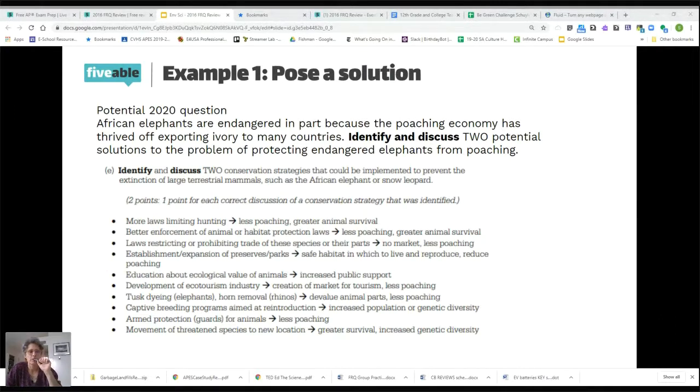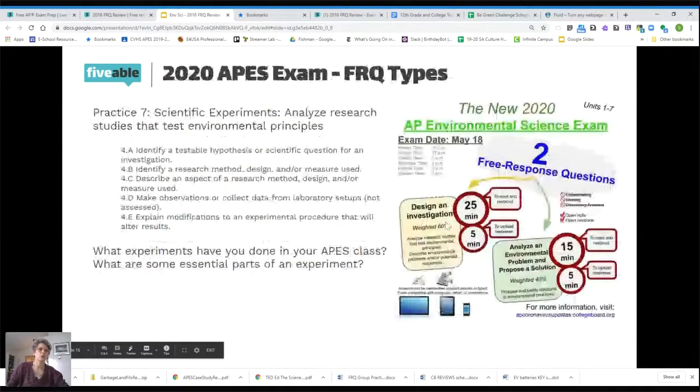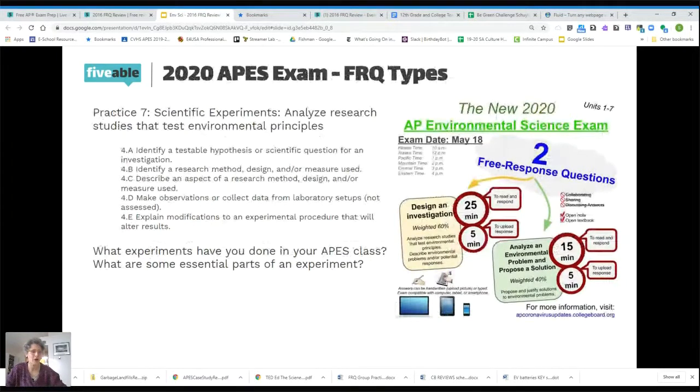One piece of advice I have for you is for this particular type of question, you have 15 minutes and that is it. And so to make things easier for yourself, I would have some note cards organized by those units of essential content. Not that you're going to have time to go research this, but if you have those key vocabulary words in front of you in a concise way, you'll have the opportunity to find that word.